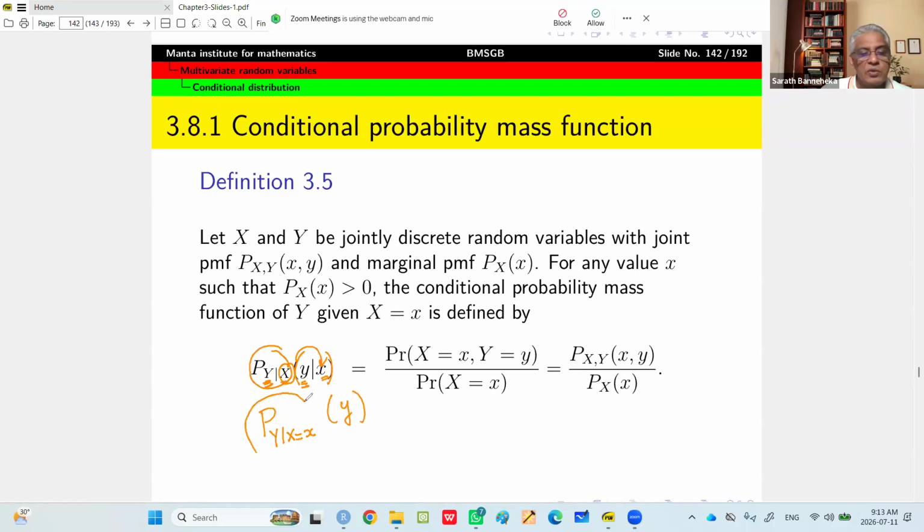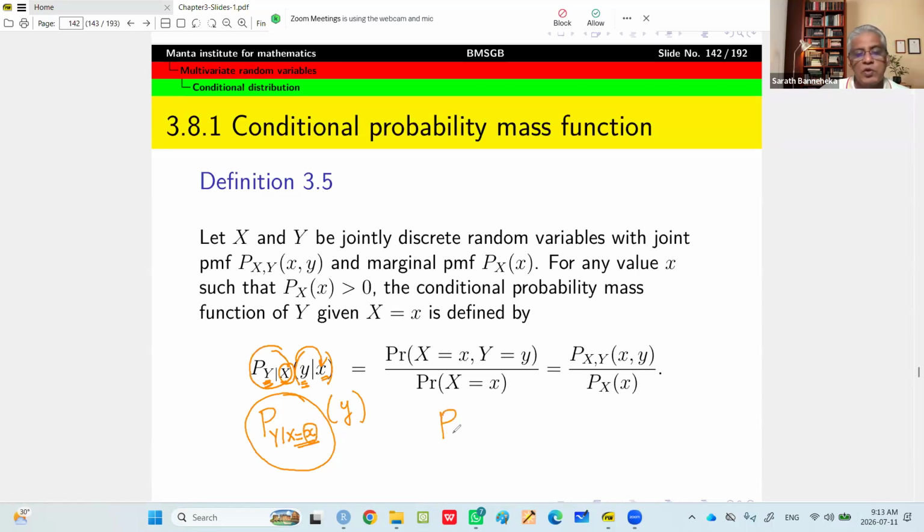So in that case, this whole thing is the label for the conditional mass function of Y given X is equal to small x, and this function is evaluated at y. Actually, I prefer this notation because there is a different conditional probability mass function of Y for each given value of x, right?